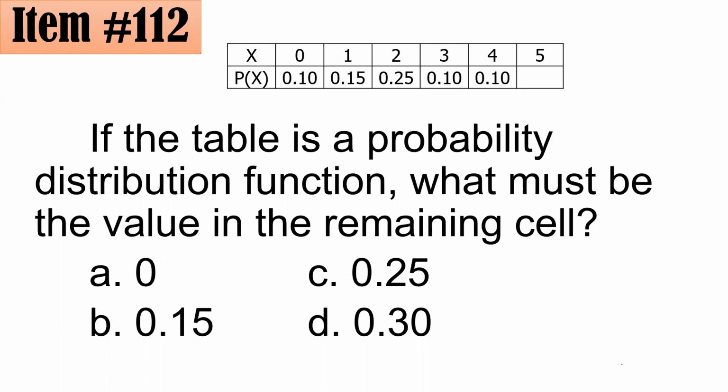Okay, I hope you understand here the meaning, no? Tandaan po natin, we have a probability distribution function if the sum of all probabilities is equal to 1 or 100% po dapat.